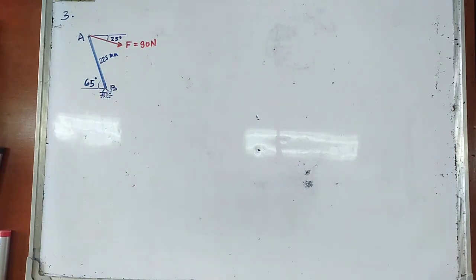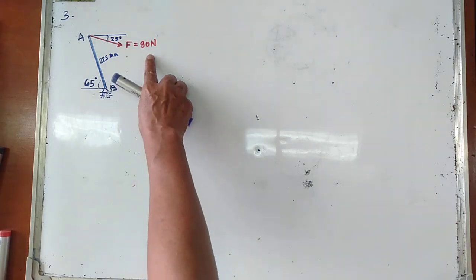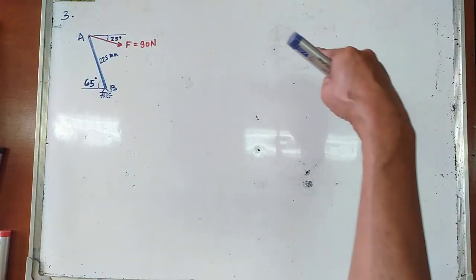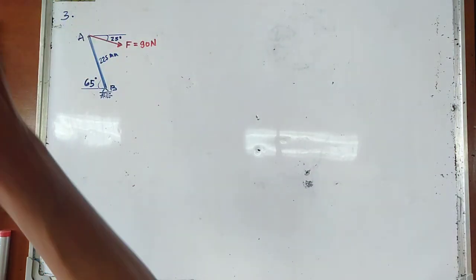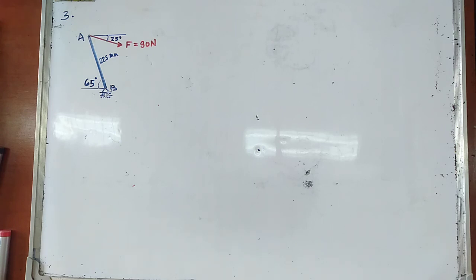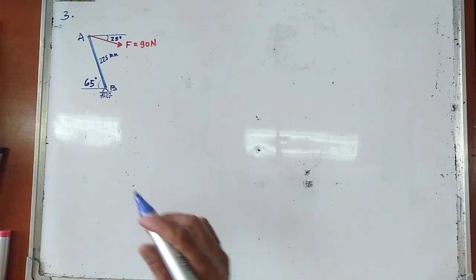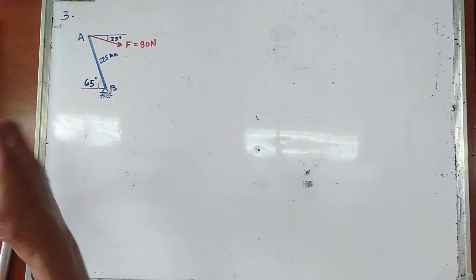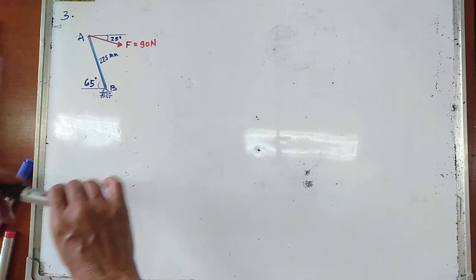Again, let us try to apply your Varignon's theorem. So let us try to resolve the components of this force, 90 newtons, in the horizontal and in the vertical axis. So I'm just going to consider now that this is the horizontal axis or your x-axis.